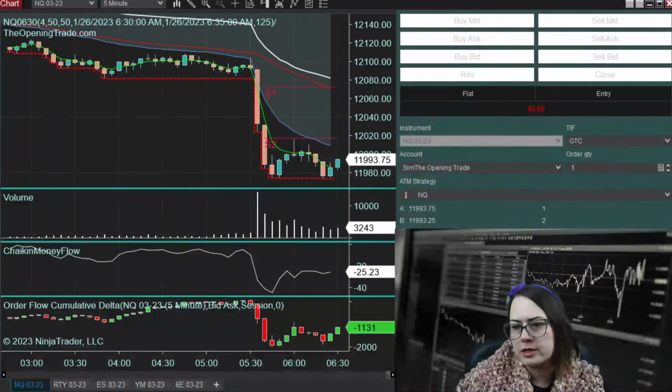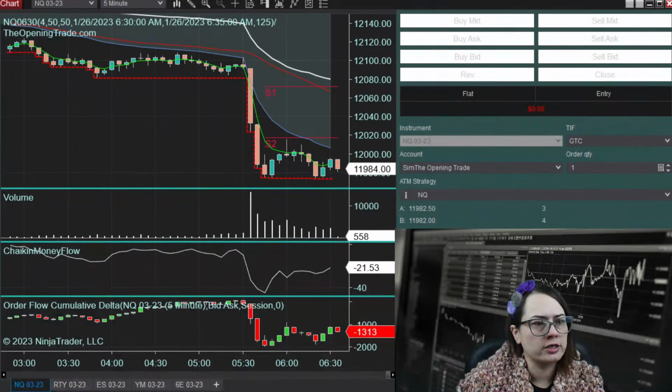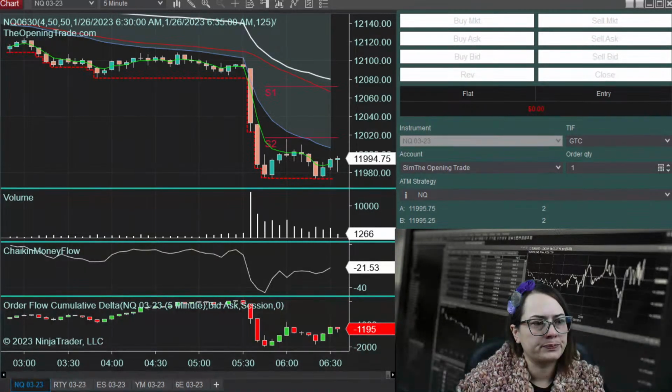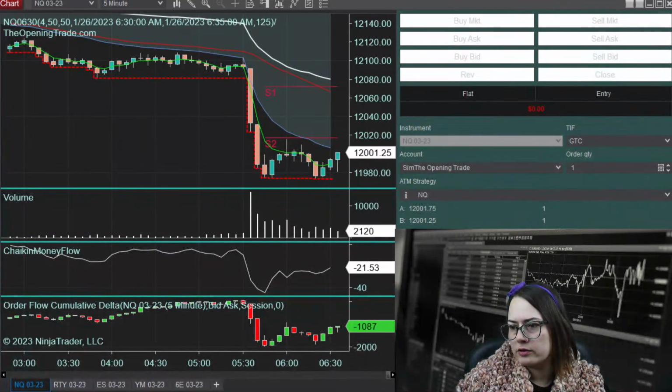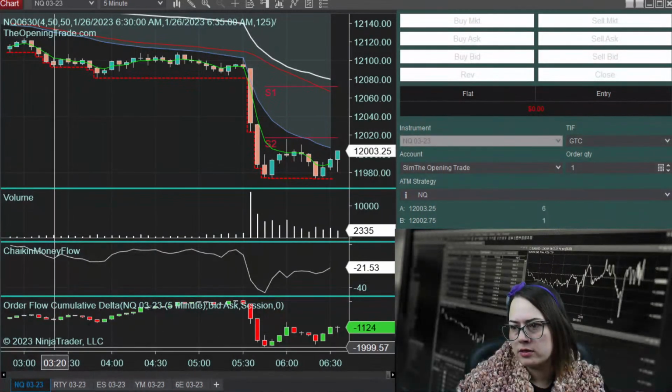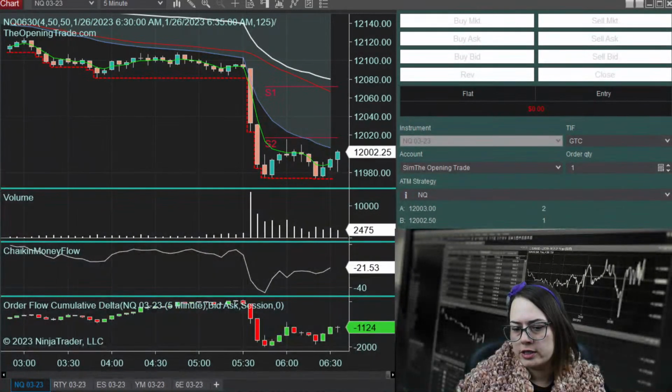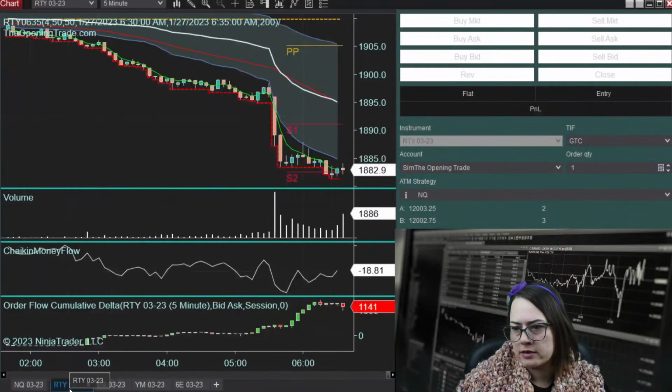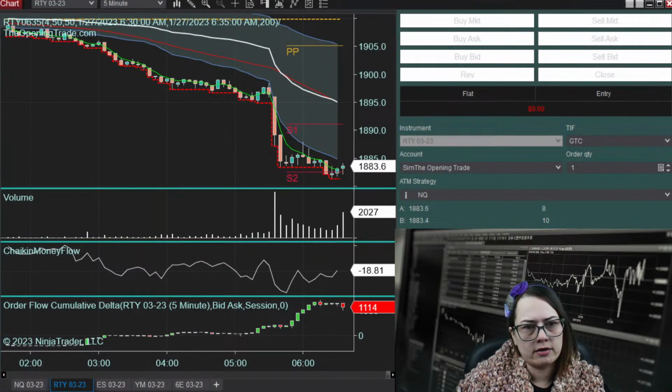So we have less than a minute before our first two automated trades could take place here. All right, so we do not see a trade on the NASDAQ, and we did not see a trade in the Russell, which is okay.